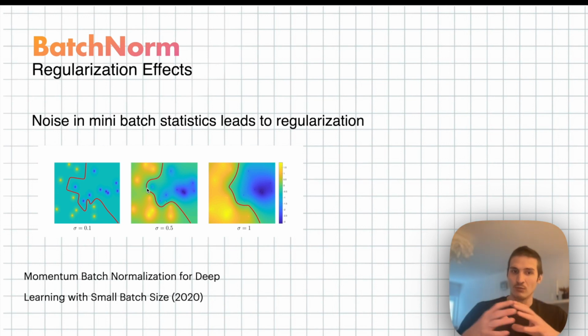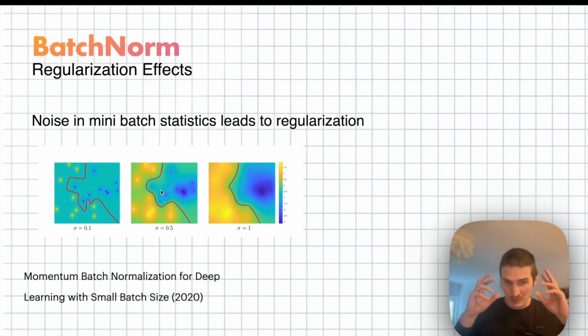But if we add more noise, if we sort of blur these points a little bit, that by itself already makes this separation curve a bit smoother, which is exactly what we want. We want slightly less memorization ability, slightly less performance on the training data, but this will be more generalizable. This will probably perform better on the test set.